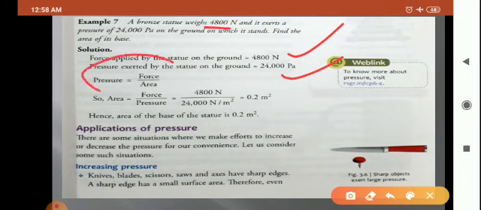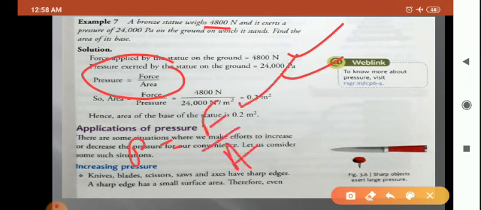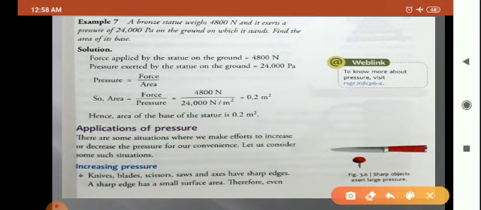Again the formula, pressure is equal to force upon area. Now this time force is given, pressure is given, you need to calculate area. You take this area to this side. See, again I am telling you, pressure is equal to force upon area. You have been given the force applied by the statue on the ground and the pressure exerted by the statue on the ground.